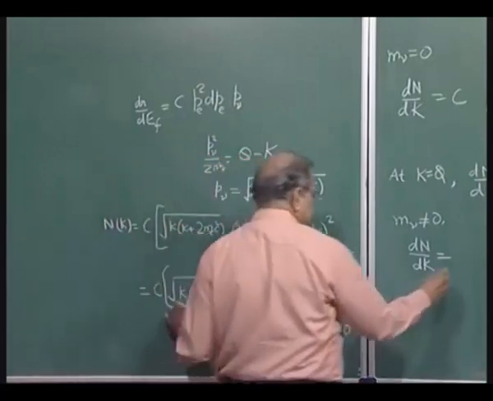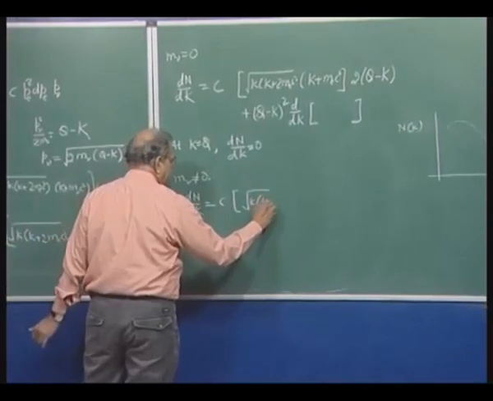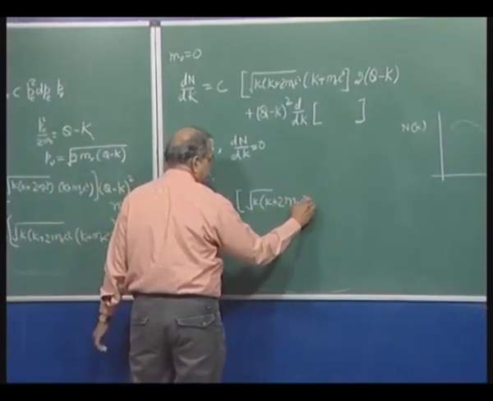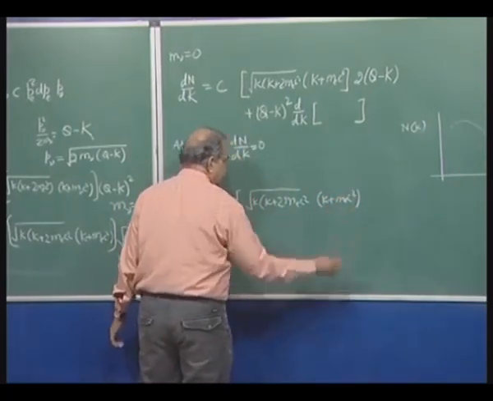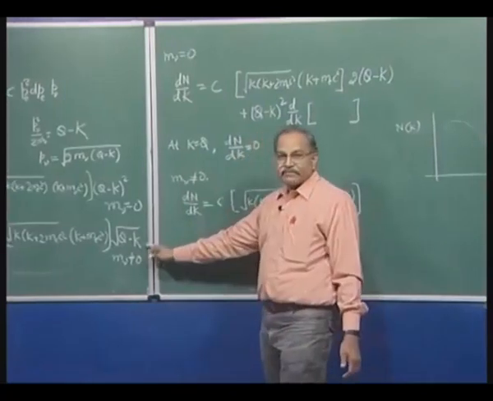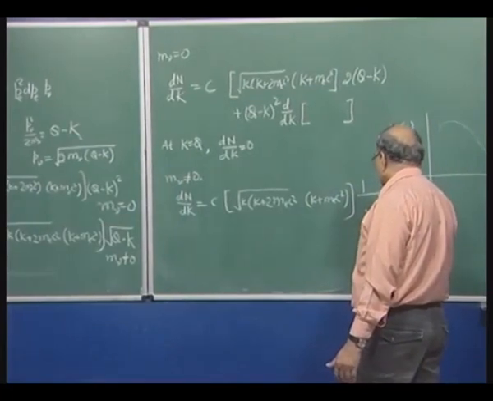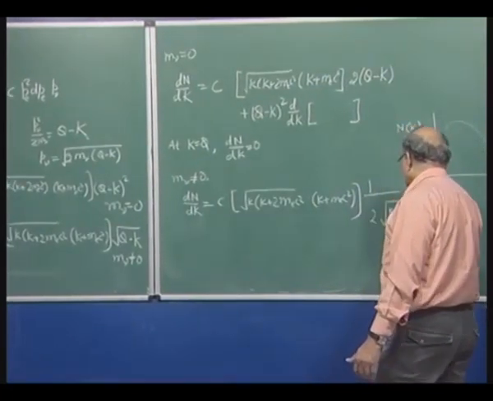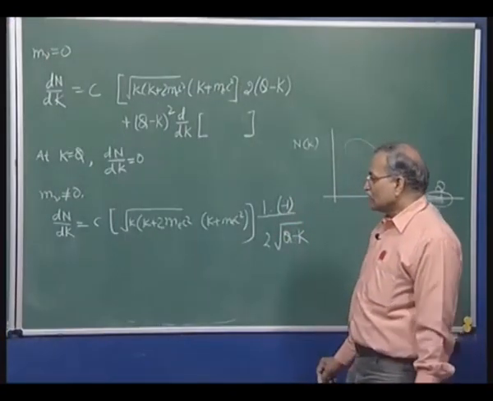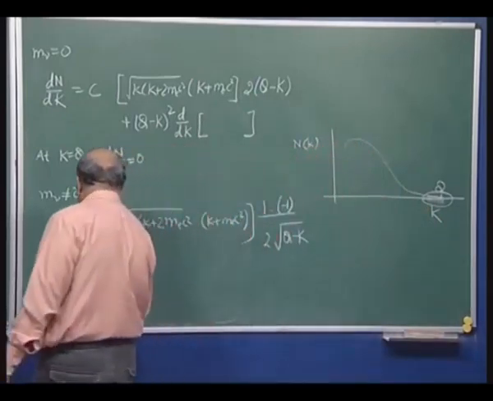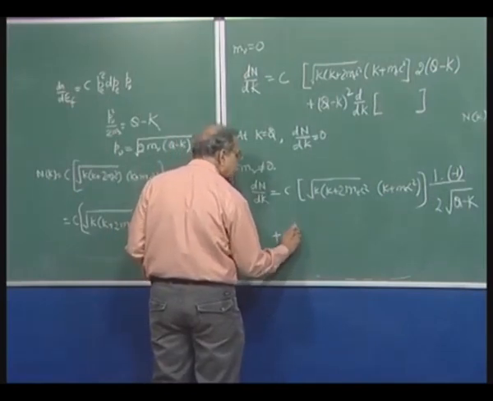You have c times that first factor, square root of K plus 2 m_e c squared and K plus m_e c squared, and then differentiation of the second factor, which is 1 over 2 square root of (Q minus K) and then minus 1, plus differentiation of the first factor multiplied by square root of (Q minus K).